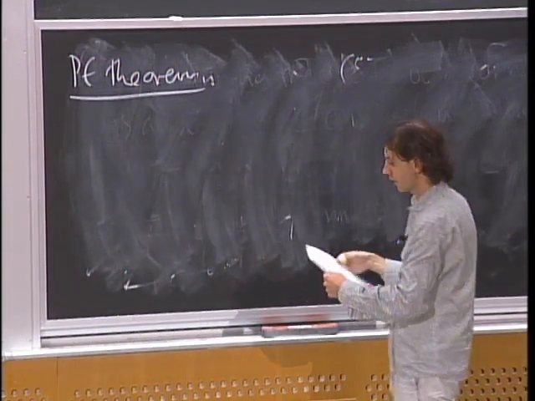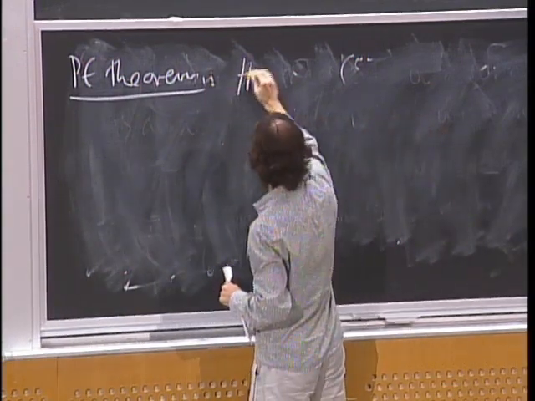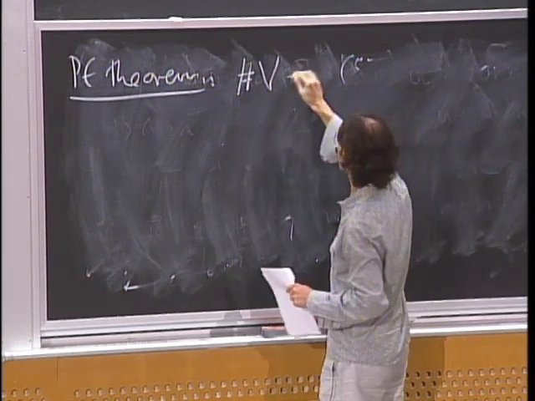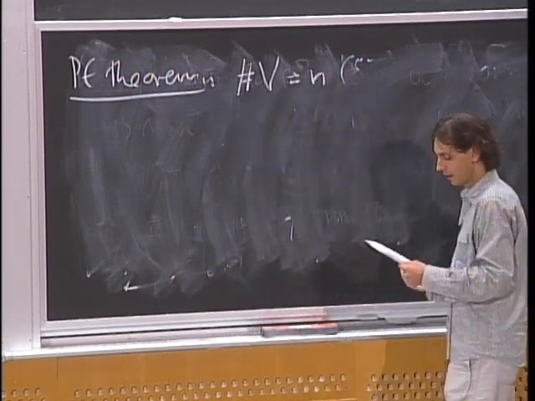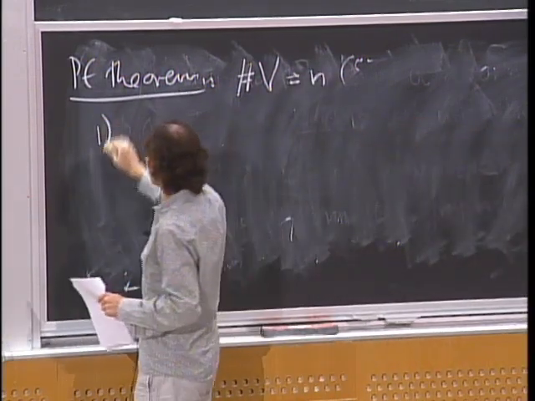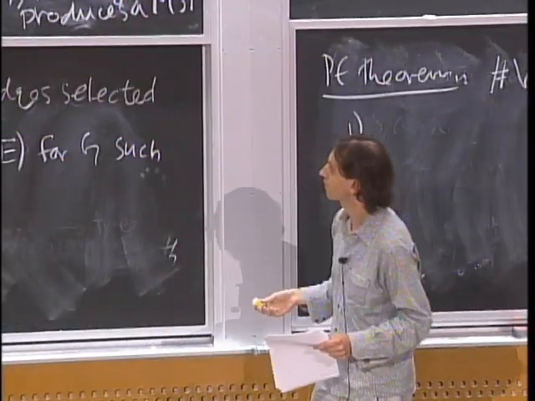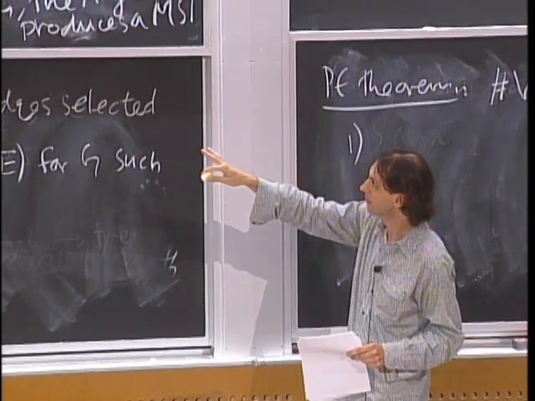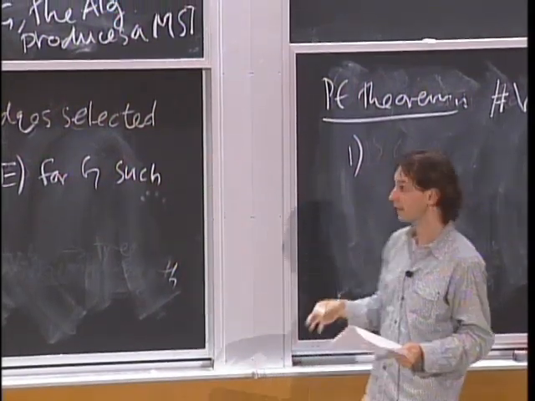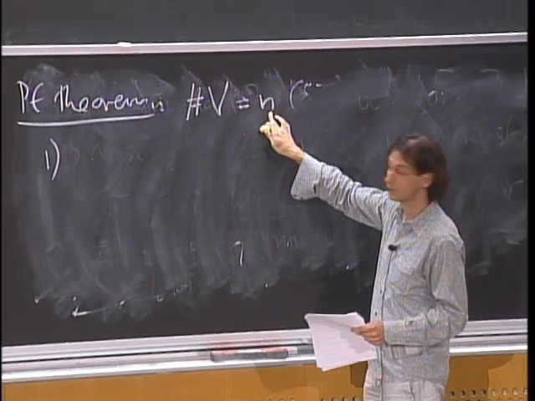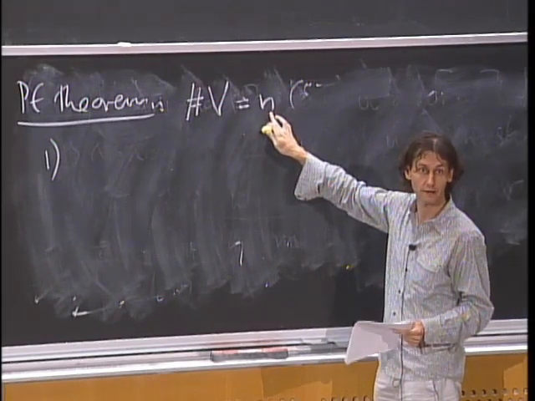is as follows. Well, suppose that the number of vertices is actually equal to n. And if we want to show that we get to a minimum spanning tree, we want to first of all show that the algorithm is able to choose at least n-1 edges, right? Because a tree has n-1 edges.